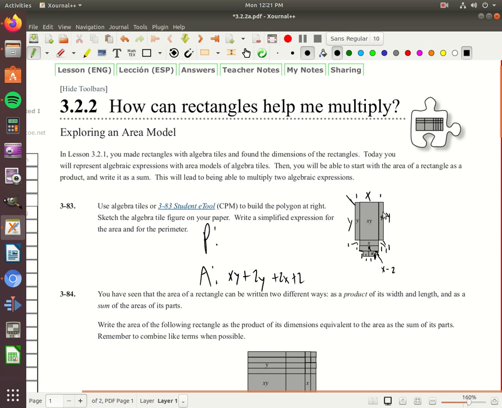Anyways, I have 2 x's. My y's, I have 1, 2 y's. The 1s are going to be a little pain to count. So 1, 2, 3, 4, 5. Minus 2 is 3, 4, 5, 6, 7, 8, 9.